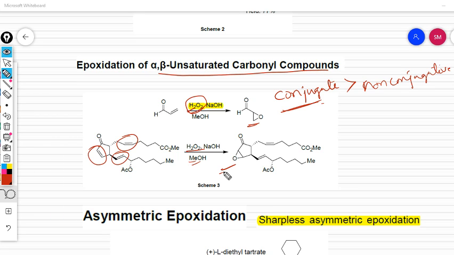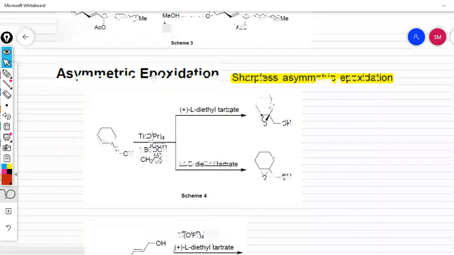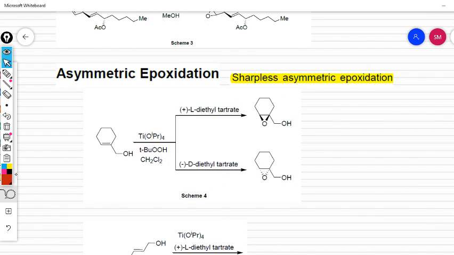Now, asymmetric epoxidation. This is a very important topic because it is used very extensively for allylic epoxidation. So this is an allylic double bond with an alcohol present. Here titanium is the metal which is going to facilitate the epoxidation, and tert-butyl hydroperoxide is the oxygen donor.